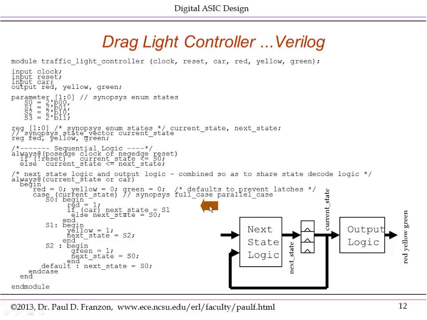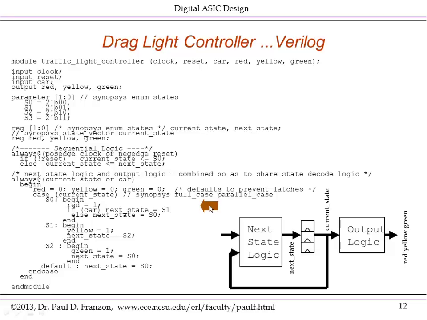We have another directive down here, synopsys full case parallel case. What this is doing is telling synthesis that this is a full case. That is, we have code for all the possible inputs, and you can see that here because we've got the S0, S1, S2 in the default. So it's a full case, and thus we shouldn't have unintentional latches.